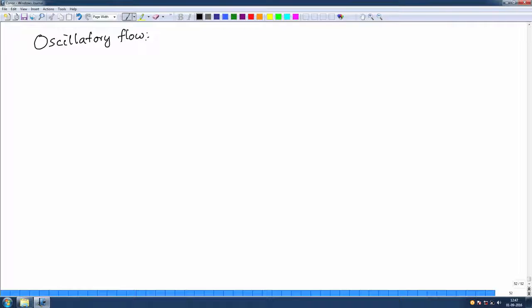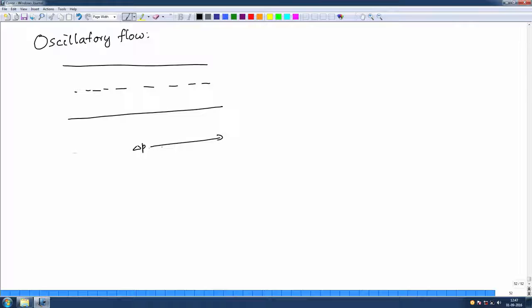So, I have a pipe, and I have a pressure difference across this pipe, across a length L, and this pressure difference is an oscillatory function, delta p by L, as a function of time. If I plot this pressure difference as a function of time, it is an oscillating function.